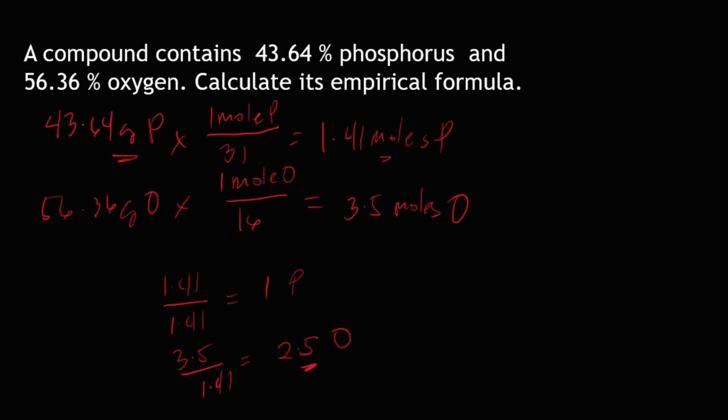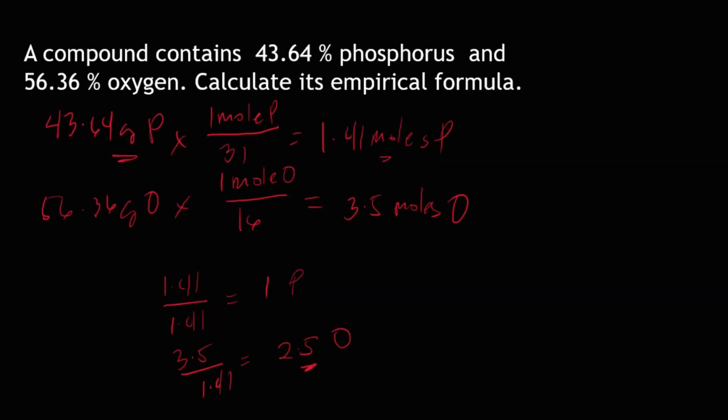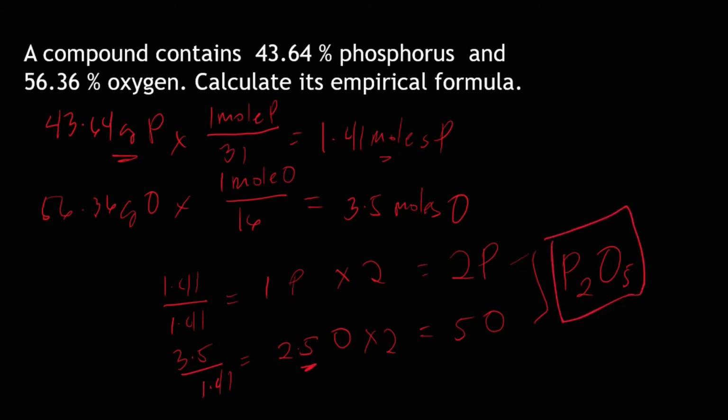Again, there is an excess decimal, which is 0.5. Based on our cheat sheet, if it is 0.5, you multiply by 2 to remove the decimal. Multiply this by 2, and this by 2. We now have 2 phosphorus and 5 oxygen. So we write P2O5. This is the empirical formula for the compound.